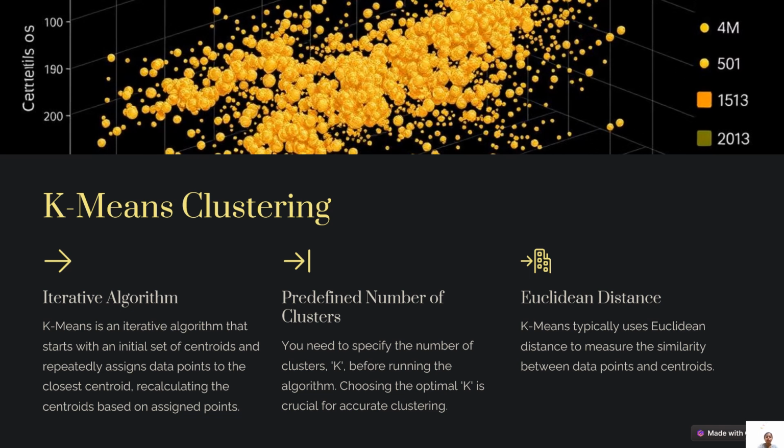Choosing the optimal k is crucial for accurate clustering. So k-means typically uses Euclidean distance to measure the similarity between data points and centroids.